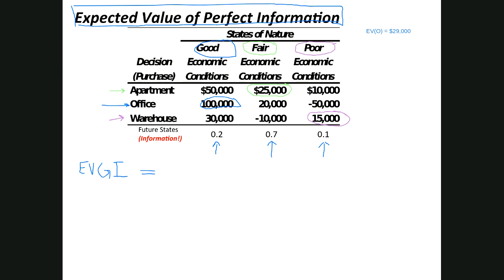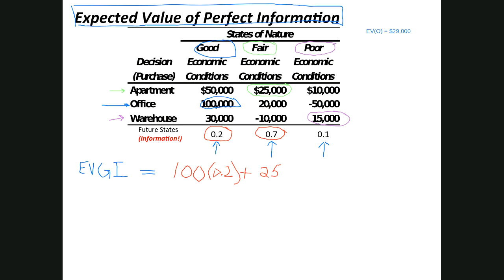But of course, now we need to remember that if this analyst is perfect, the report will tell me that the economy is going to be good only 20% of the time. And so our actual return given this information would be 100,000 times 0.2. And the analyst would tell us that the economy is going to be fair 70% of the time. So in this case, we would return $25,000.